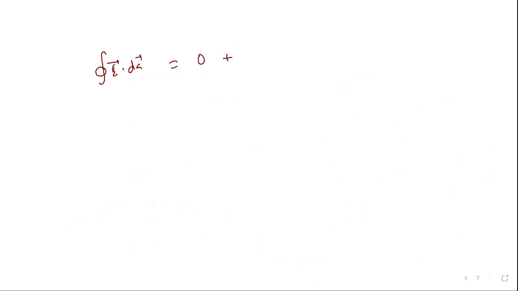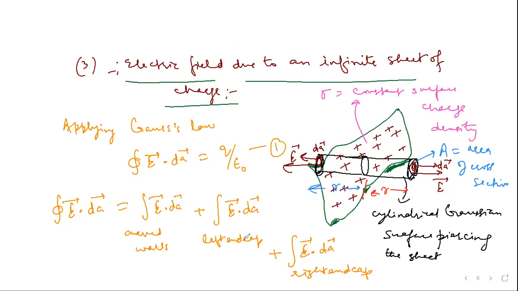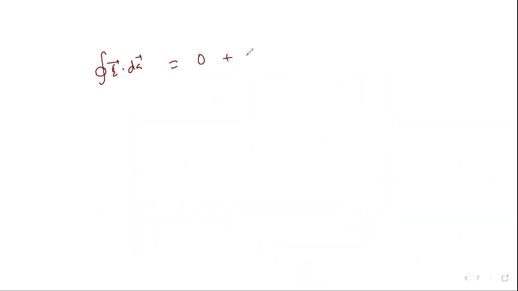And again for these end caps, E dot dA will become EdA, and E can be factored out because E will be constant over the end cap. So I will write it this way: E integral dA left end cap plus E integral dA right end cap.